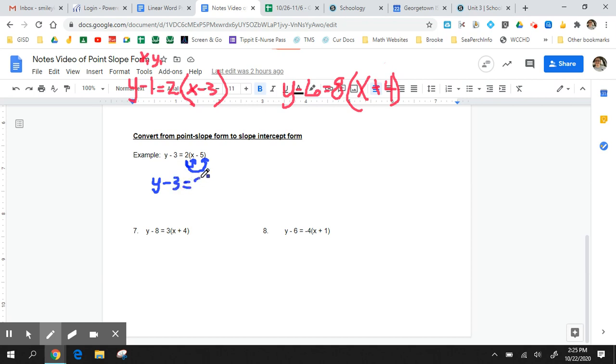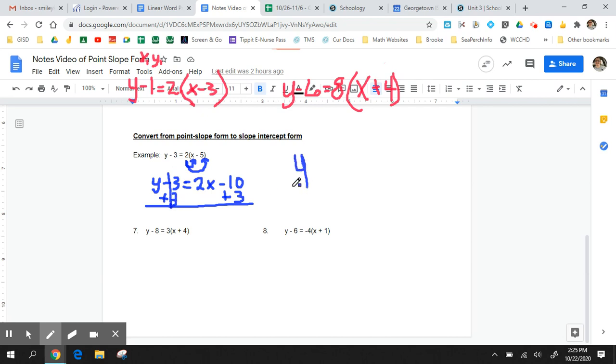So 2 times x is 2x. 2 times a negative 5 is a negative 10. And then I want to get y by itself because I want it as y equals mx plus b. So I need to add 3 to the right-hand side, and I'm going to write it right underneath that 10 because those 3's will cancel.